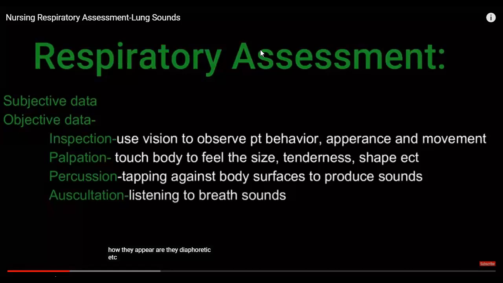Wheezing, sometimes we can get over the bronchi or trachea during bronchial asthma, because during bronchial asthma the airway is getting narrower because of constriction, and wheezing is produced.